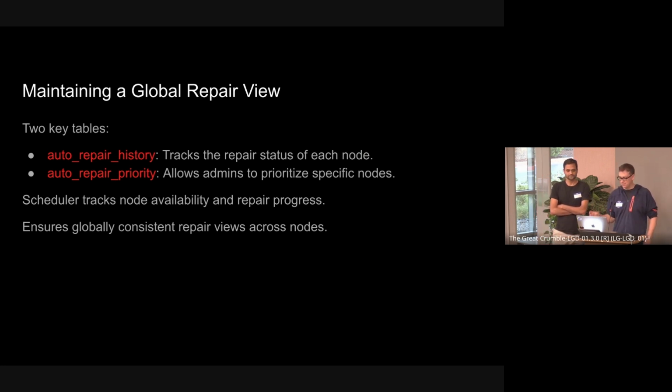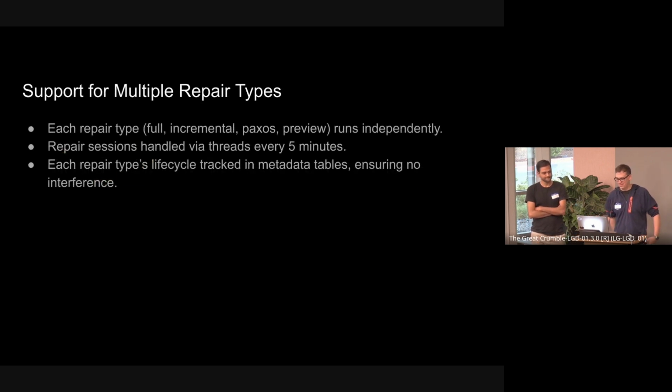And it being in the system distributed key space means that it's already configured appropriately for all the different clusters to be appropriately replicated across data centers. One thing that you have with repairs is there's multiple types: the full repairs and incremental repairs primarily.